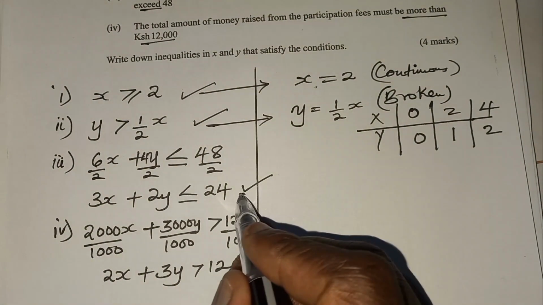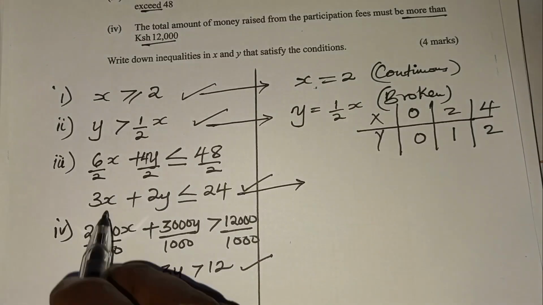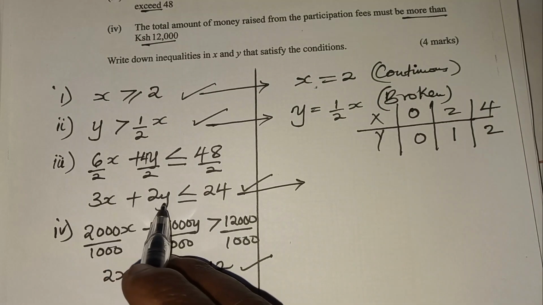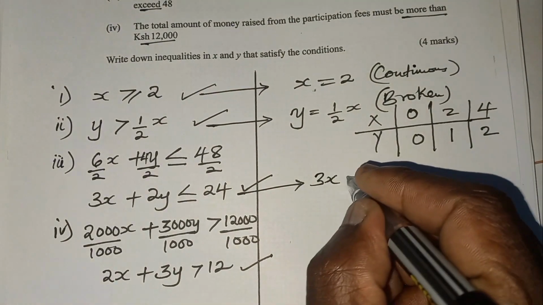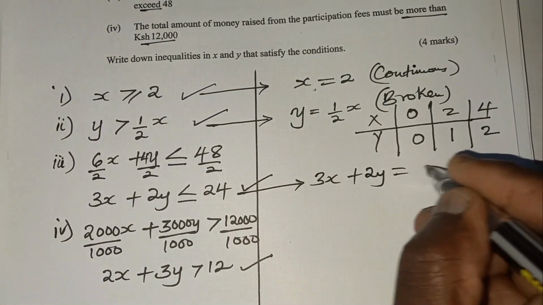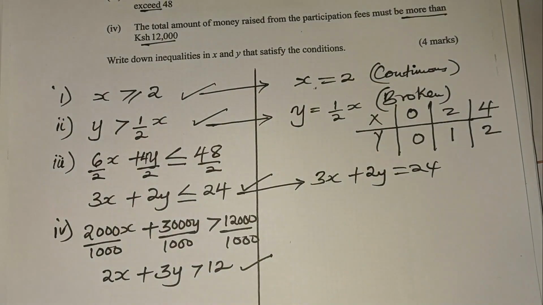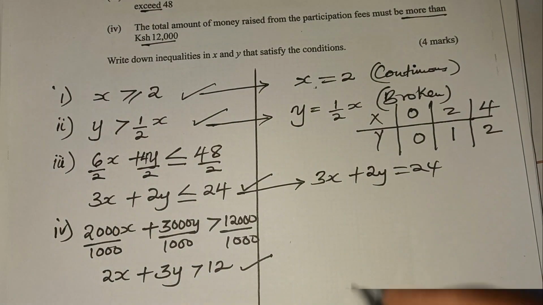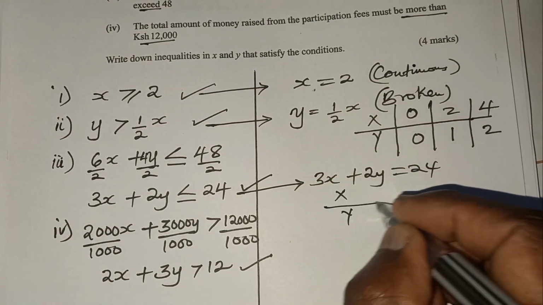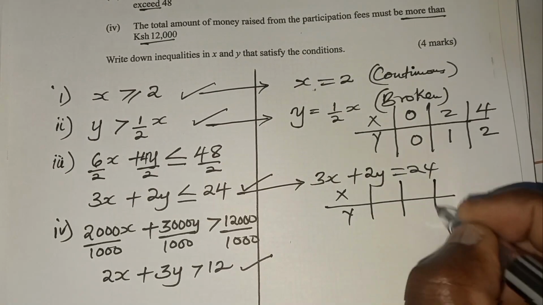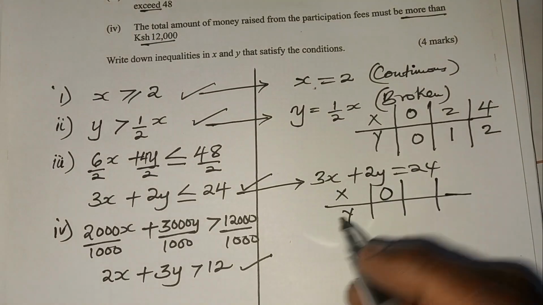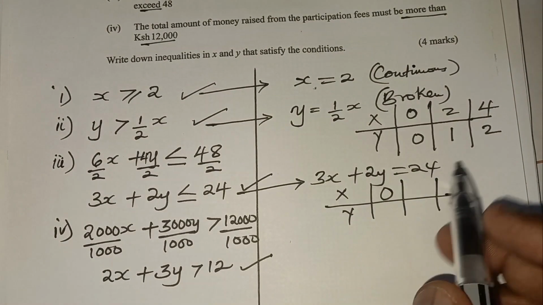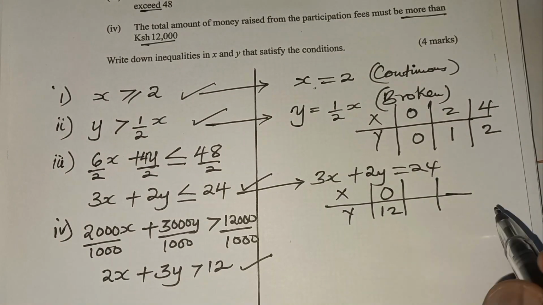Then we have this, 3x plus 2y is less than or equal to 24. So the line you're going to draw here is 3x plus 2y is equals to 24. So again here we can just prepare a table. We have at least 3 points. When x is 0, just substitute in this equation, y will be 12.